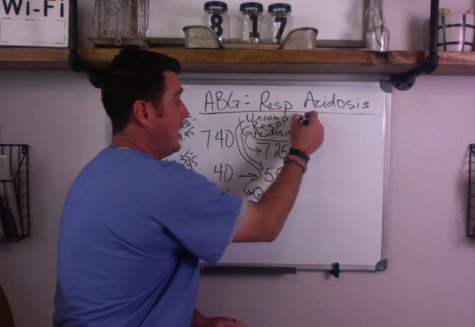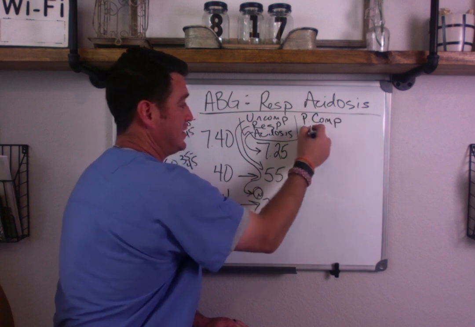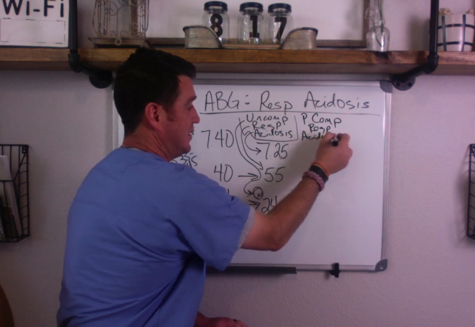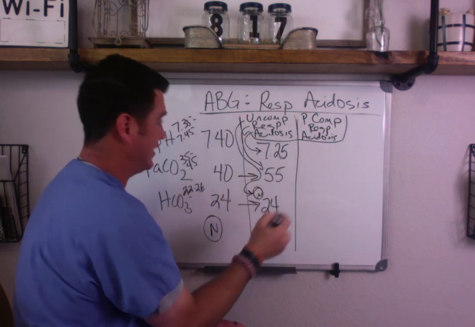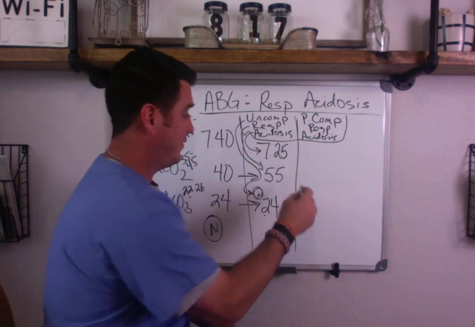Now from here, our blood gas will turn into a partially compensated respiratory acidosis. Okay? So this is like this. Now, our CO2 is at 55, okay?